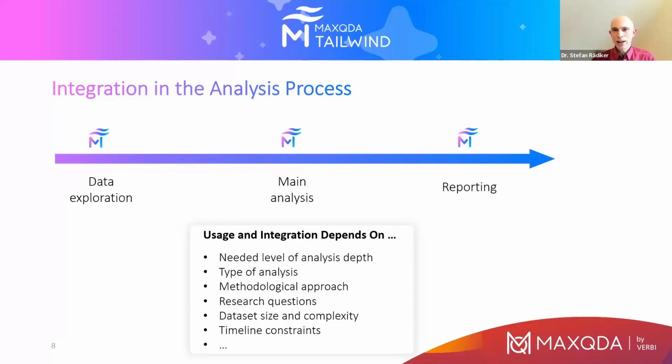I'm usually not a big fan of promoting that AI is doing much work in a short time, but I have to admit here that compared to an analysis we have done 20 years ago for 10 interviews for an evaluation project which we have published, and now using the same data here in Tailwind, we can see that we used 100 hours to analyze it 20 years ago, and with Tailwind it would take 10 hours.